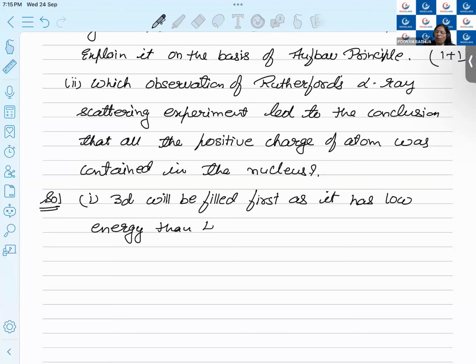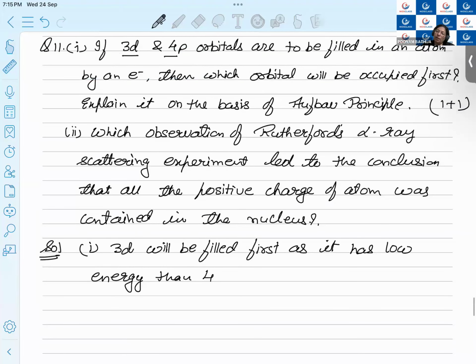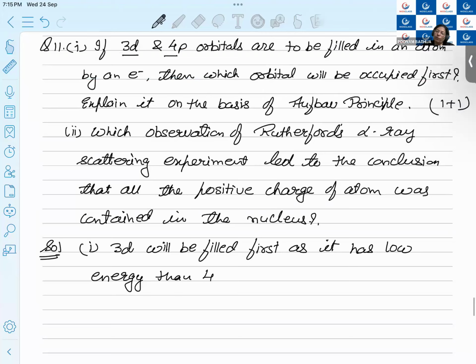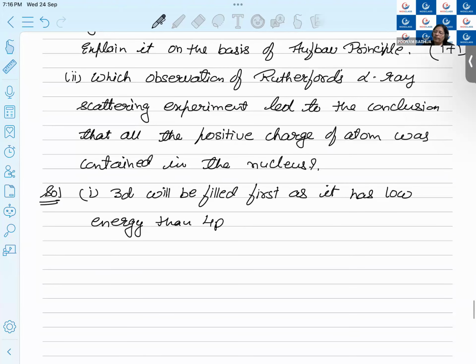Okay, this is according to the Aufbau principle. Aufbau principle states that the orbitals are filled according to their energy sequence. The orbital which has low energy will be occupied first. So in this manner, we have to give the reason.